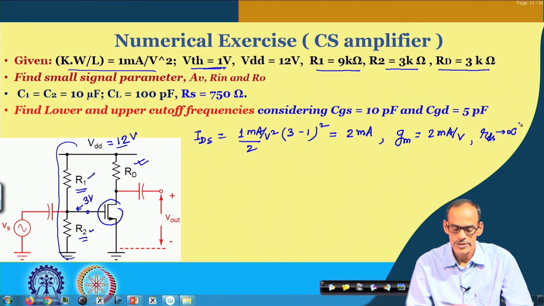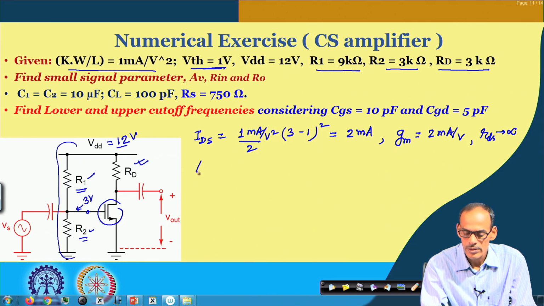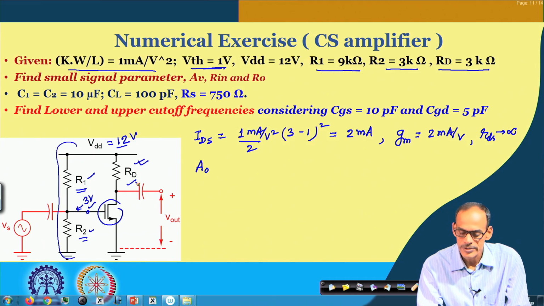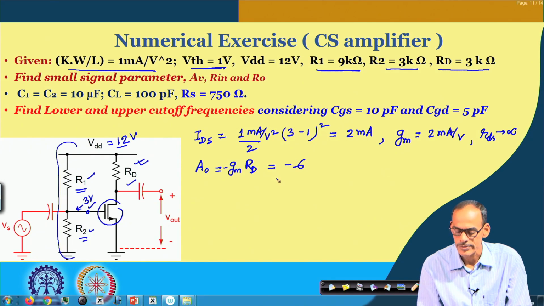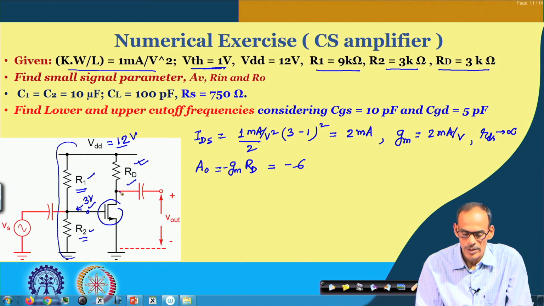So, the voltage gain from gate to drain of this amplifier is GM into RD with a minus sign, and that is equal to 6. So, we got voltage gain from here to here of only 6.